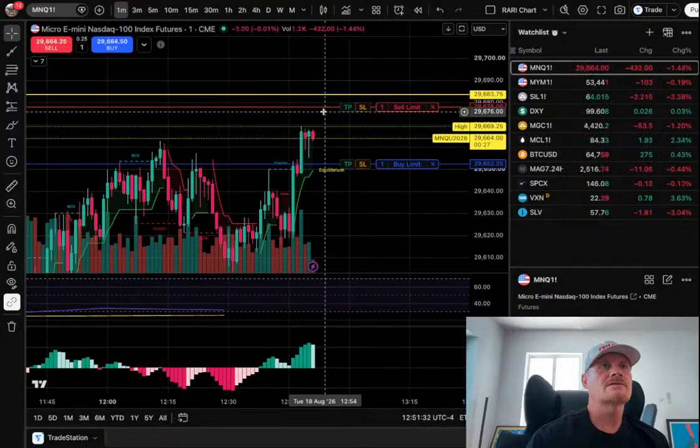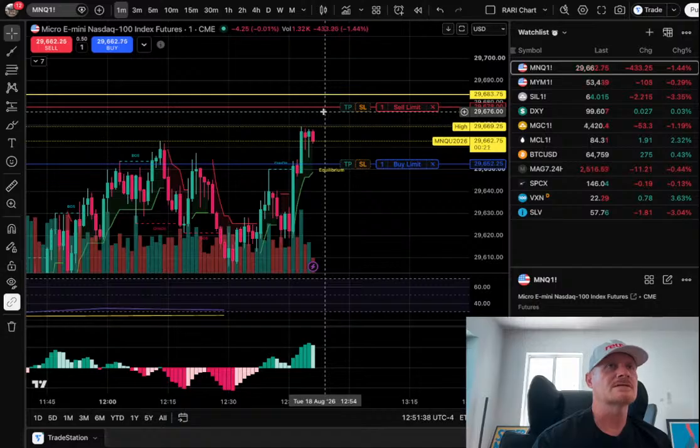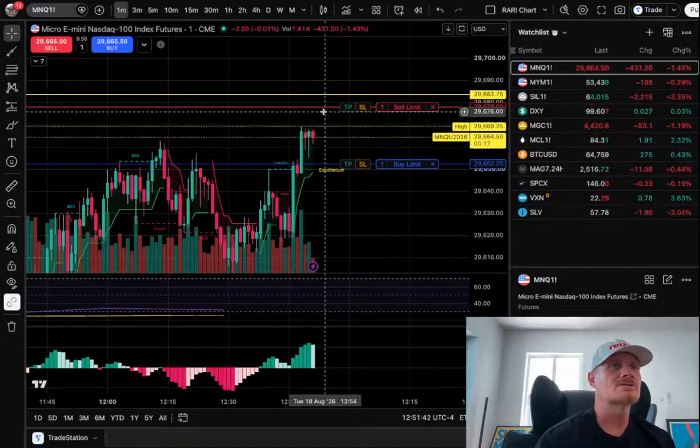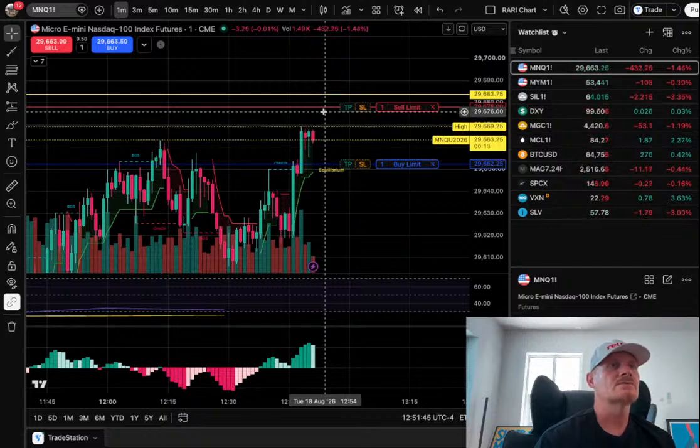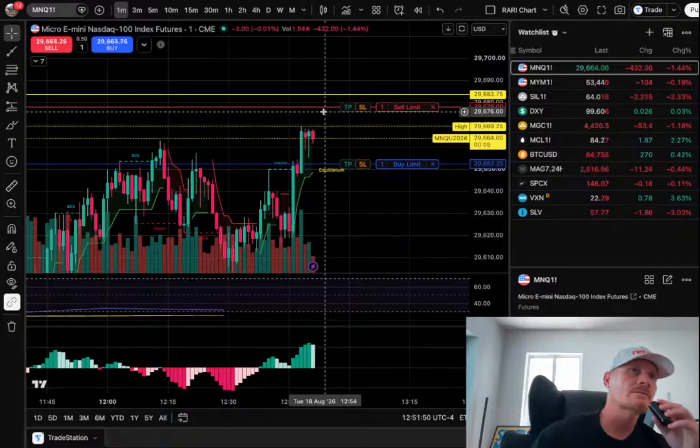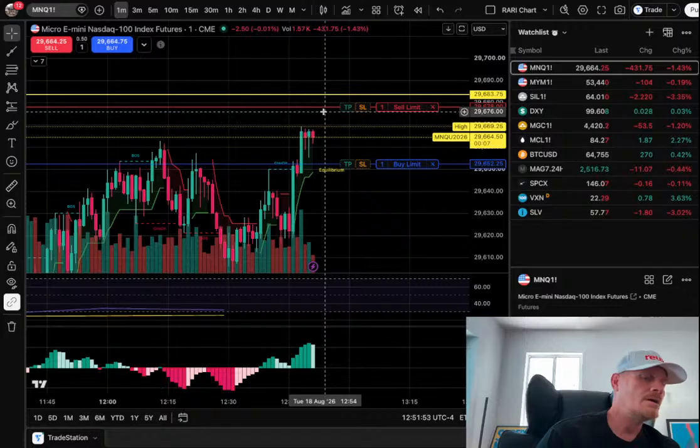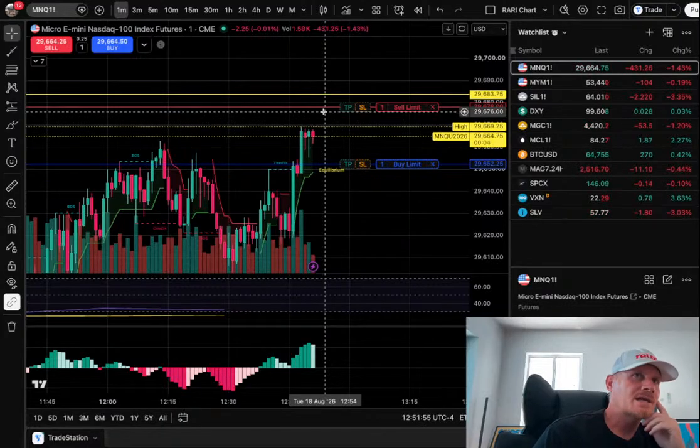I don't even know if, I mean, obviously there's news pushing it, but a lot of these guys are just like, this system is banking on a move already happening and then following the trend. But I don't know who's really creating the trend here other than news. Macro. But these little tiny 1 minute candles are so fake.